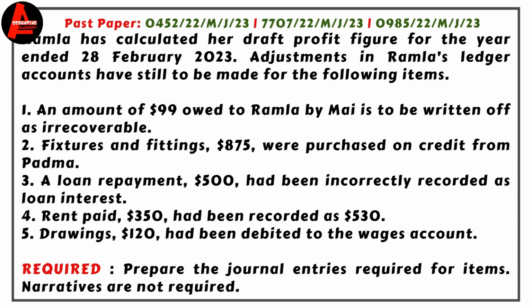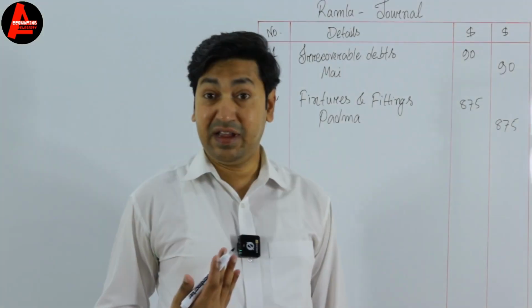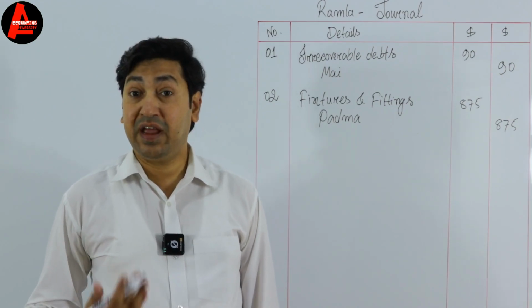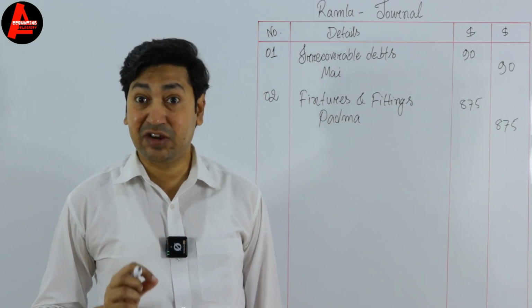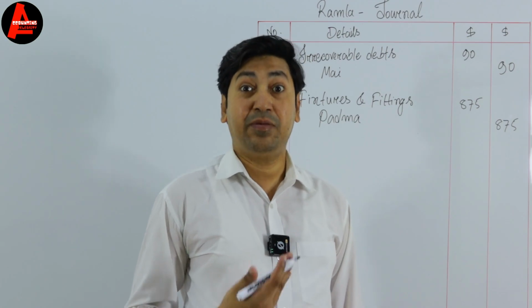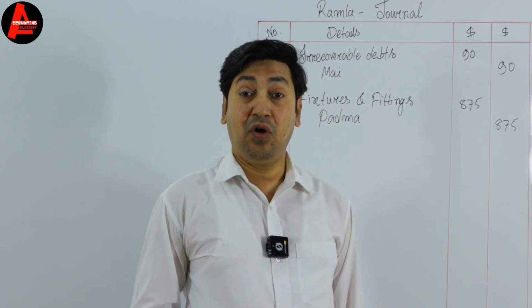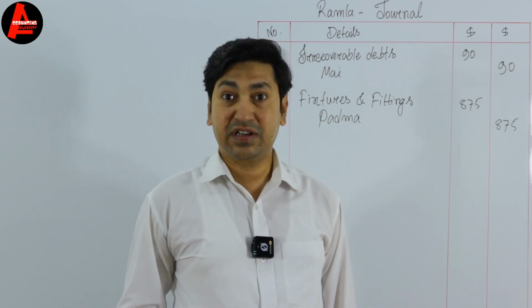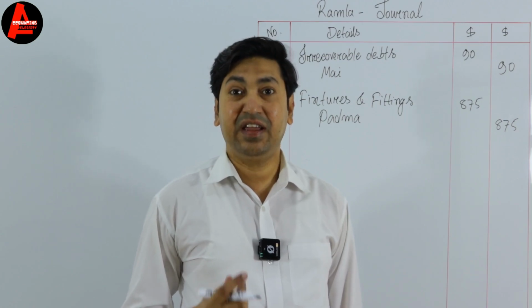Great. We have our next transaction number 3. A loan repayment $500 had been incorrectly recorded as loan interest. Loan repayment will be debited. Why? Loan is liability. When liability is paid, liability is decreased. So decrease in liability will be debited. So loan will be debited, but instead of loan, interest account is debited incorrectly.